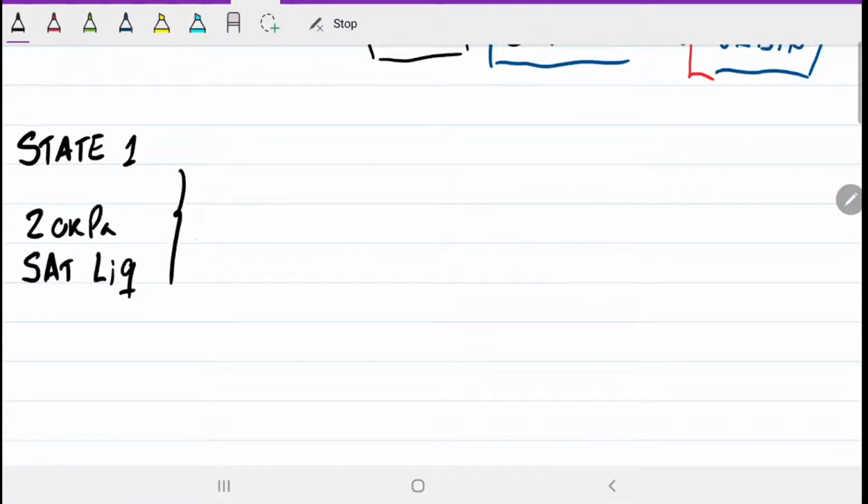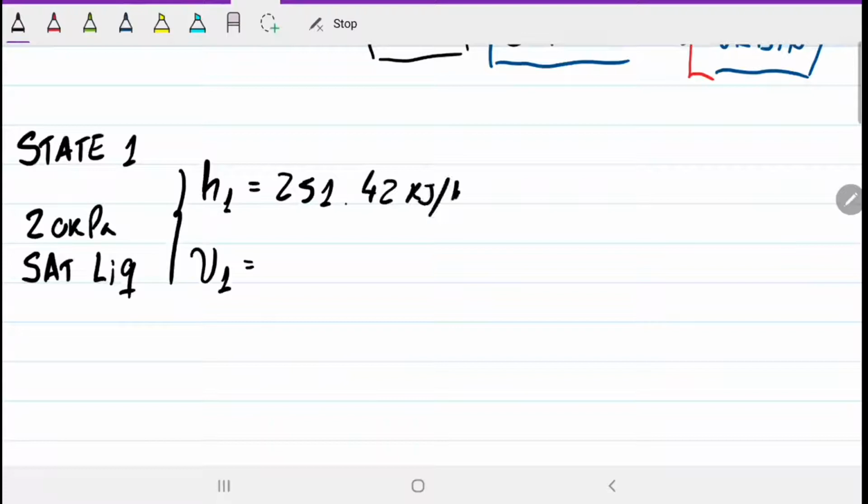We can go to table E5 at 20 kilopascals, and you can grab enthalpy 1 and specific volume 1, which we'll use to find the second one. So the first one is 251.42, and this one is 0.001017.